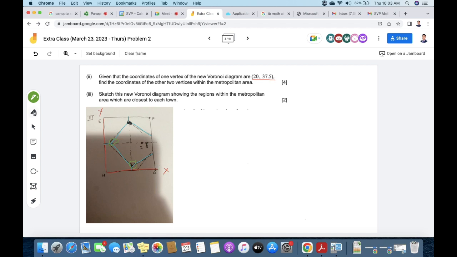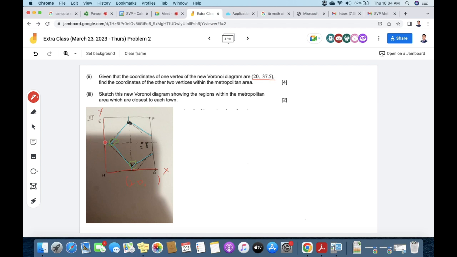Yes, we know. And we know which coordinate, x or y. X. And what is the x coordinate here? Very good, 20. We just have to find out the y coordinate. Why is it 20? Because this one is the midpoint between H and G.